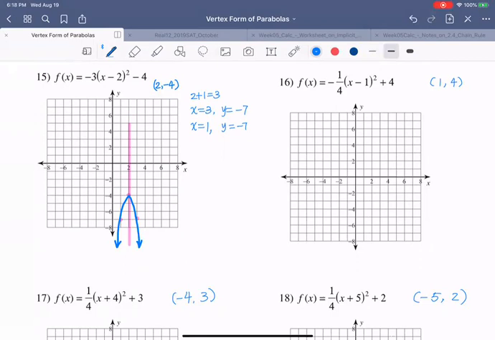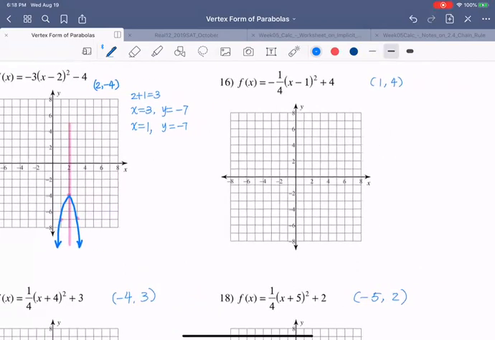Okay. Now let's do number 16. I already showed you, so I'm going to erase this one so that when you print it out, you are able to draw it by yourself. Hold on, later I want you to screen capture, then I'm going to erase so that you can print out and redo it by yourself.